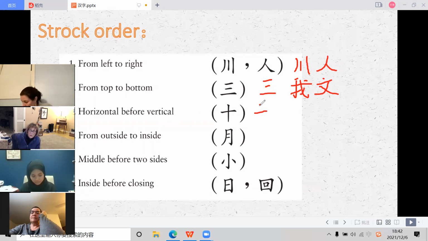And the third one, horizontal before vertical. 横竖, 木, we have learned 木, from 横 to 竖.